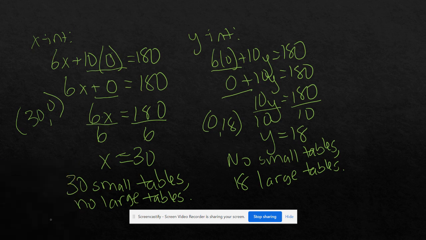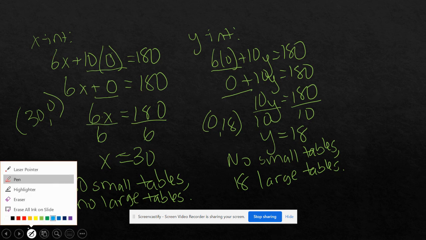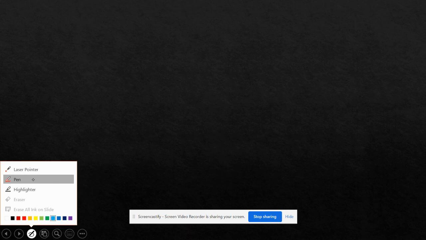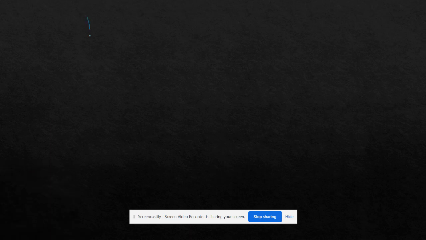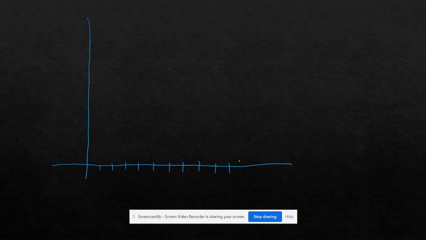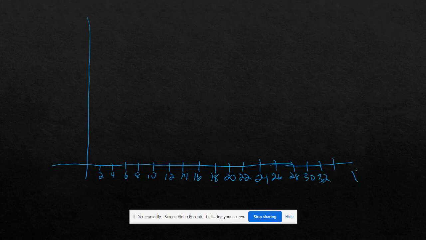Graphing this, I'm going to go by 2's. And this is the x-axis.